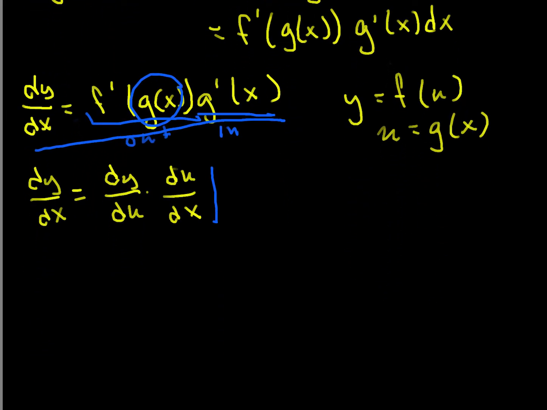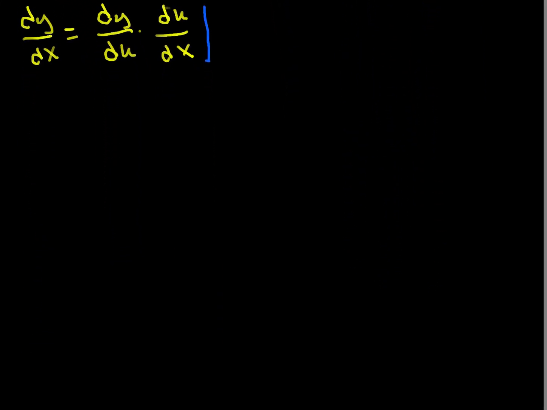But let's do a concrete example, and with it we'll demonstrate that you have been using the chain rule using differential forms. So we'll calculate the derivative two different ways. So y is equal to the square root of 3x plus 8. So we've got an inner function and an outer function.